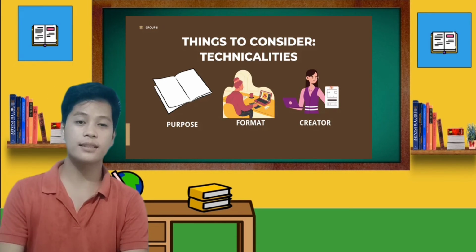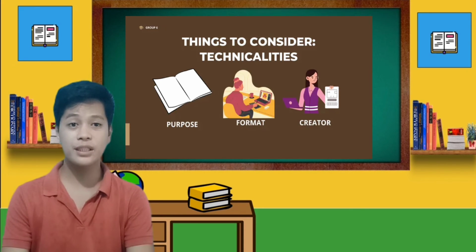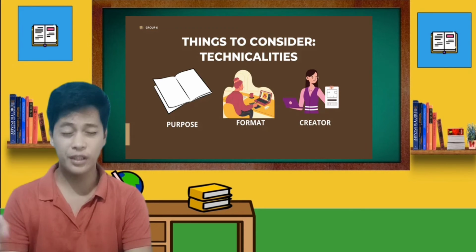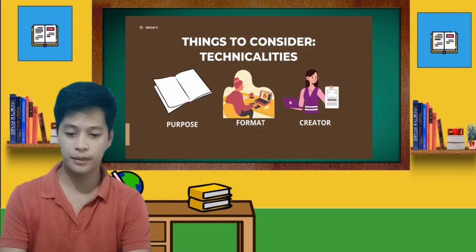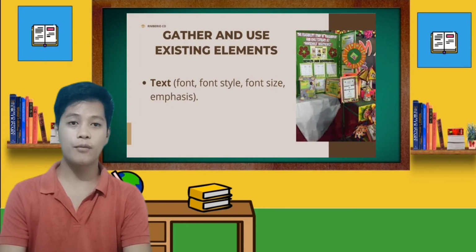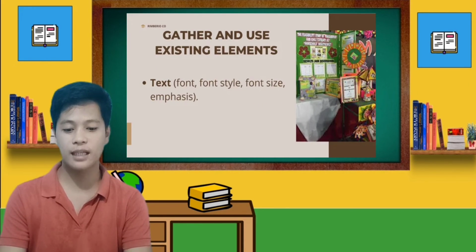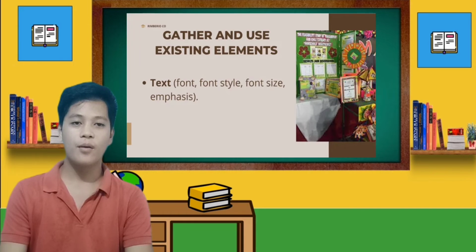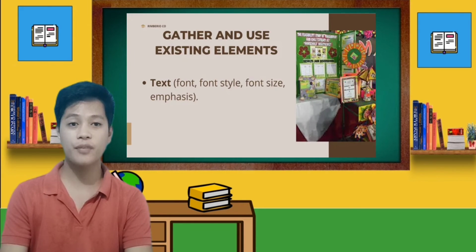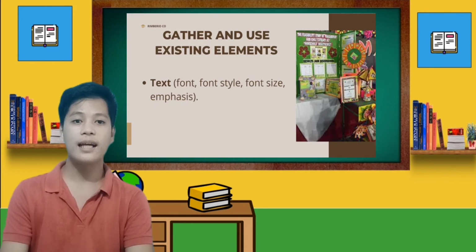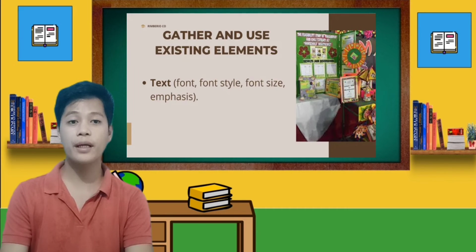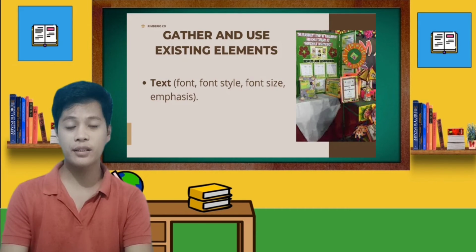Here are some elements that we must consider in creating or developing an instructional material. First is the text, and under that is the font style. We must choose the appropriate font style that is readable and appropriate to the audience or the readers.